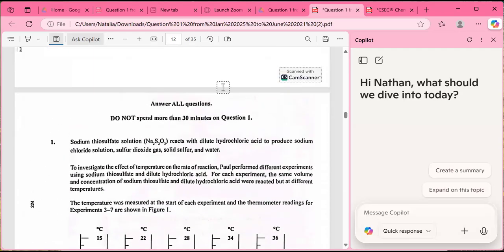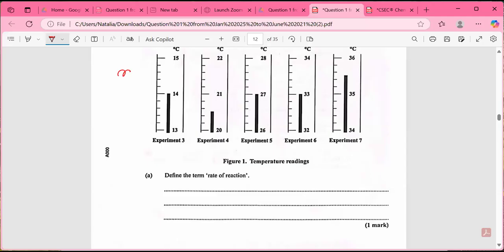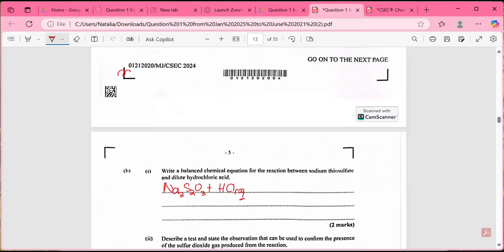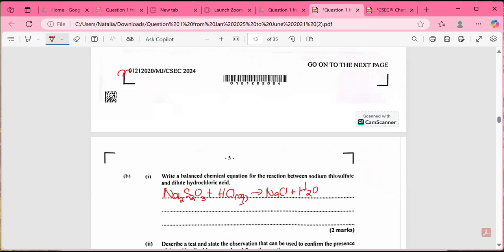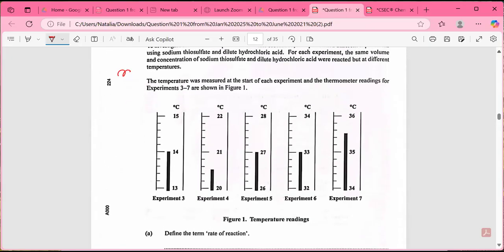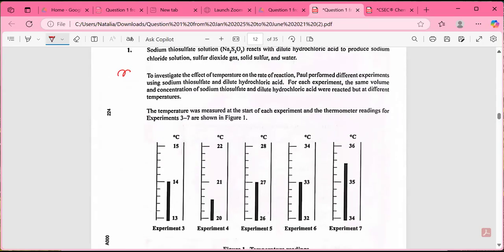Give me a second to find my pen. Sodium thiosulfate reacts with hydrochloric acid to form sodium chloride, water, sulfur, and sulfur dioxide.